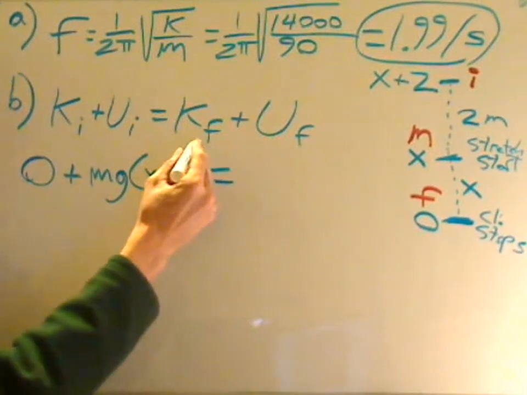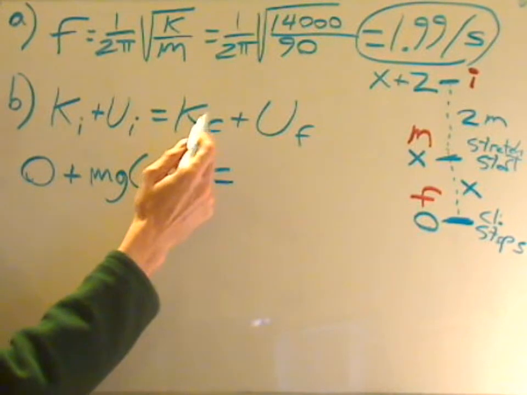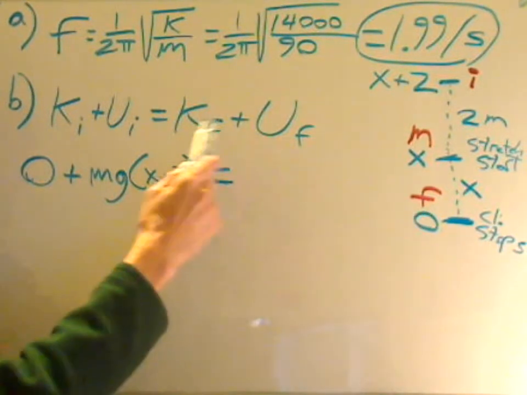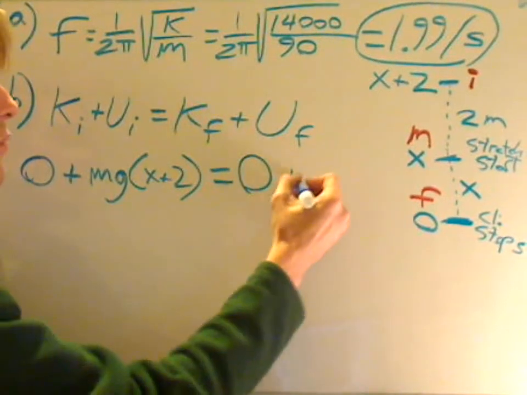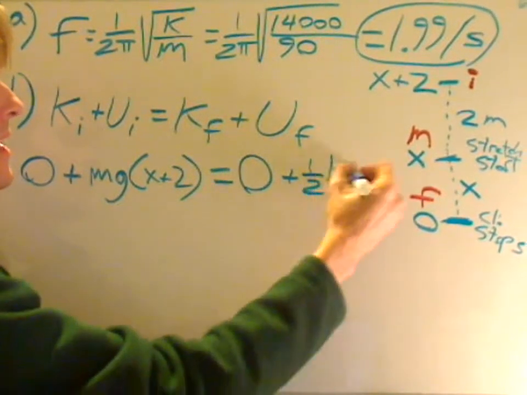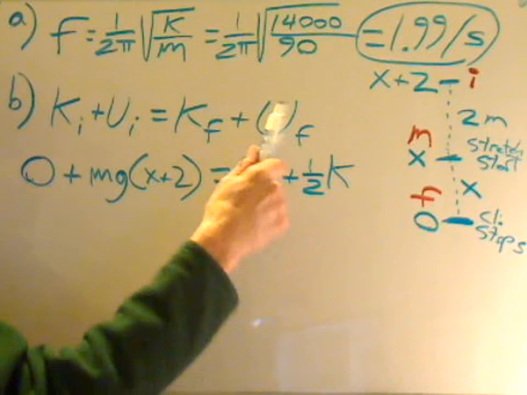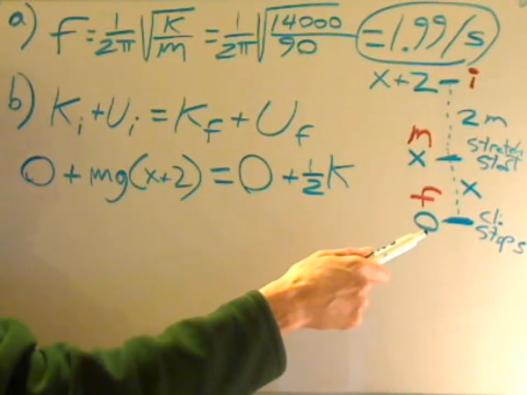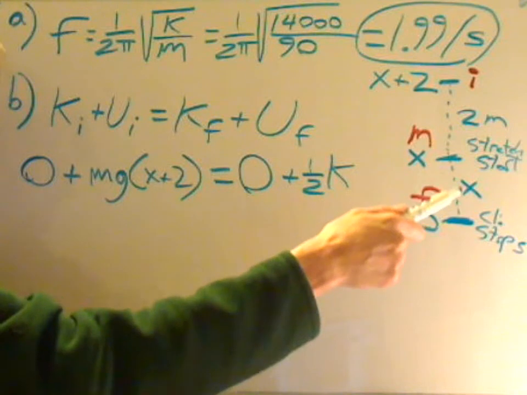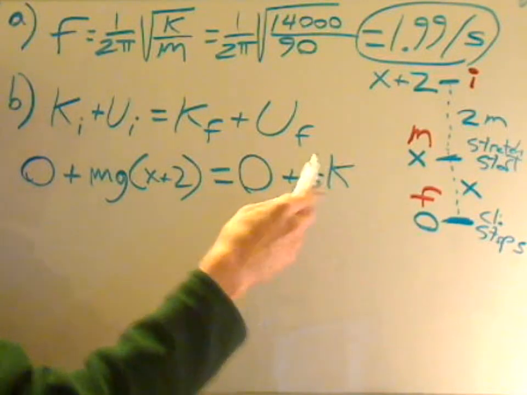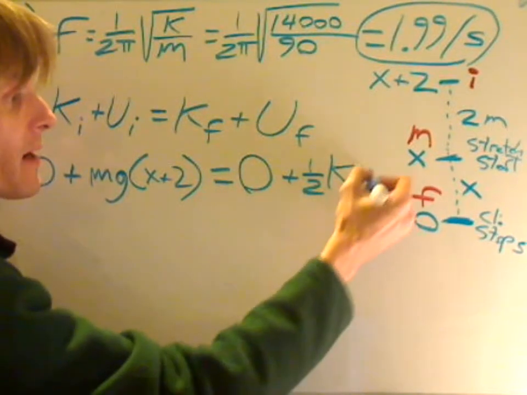And that equals the final kinetic energy. Climber stops here, so this is 0, plus 1/2 k. The final gravitational potential energy is 0, because the height here is 0, but the rope is stretched by an amount x. So that potential energy is 1/2 k x squared.